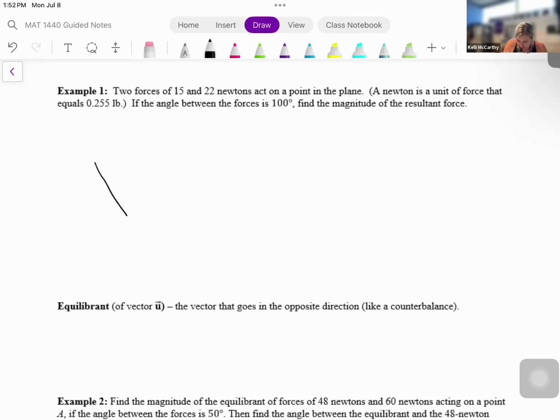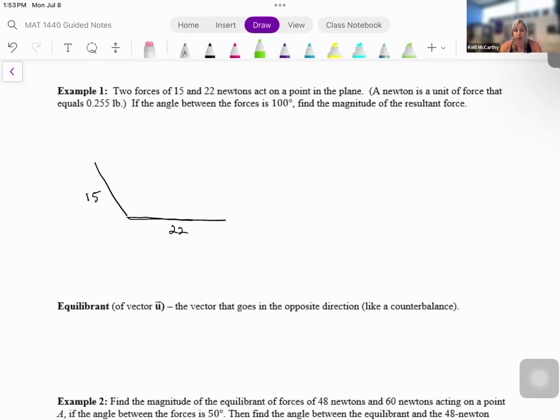So I want to make an angle of 100 degrees approximately. And then the amount of force is going to represent the magnitude. So we do want one that's shorter than the other. So this first one is going to be our 15 newton force or 15 newton vector. And then this bottom one will be 22. Now the resultant is when we combine the two.